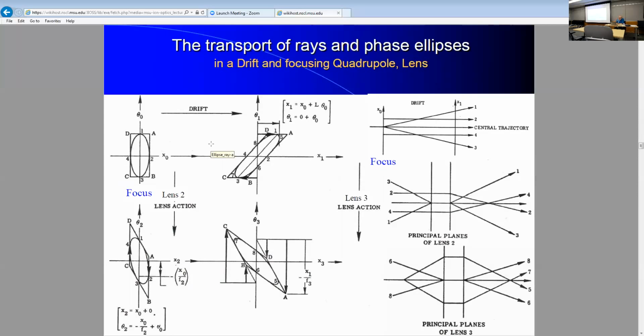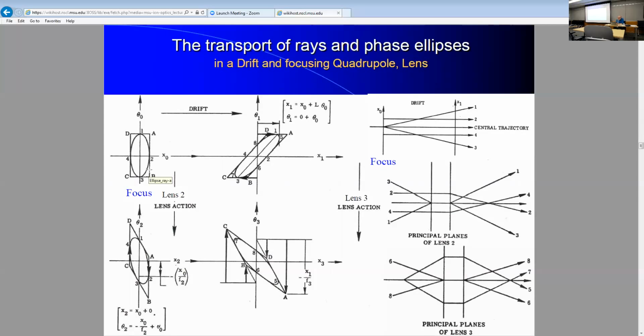So an upright ellipse is a focus in practical terms. And also shown here is the circumscribed rectangle, which normally is given by a slit, but the beam is more probably an ellipsoid than a rectangle, but it's still shown here.